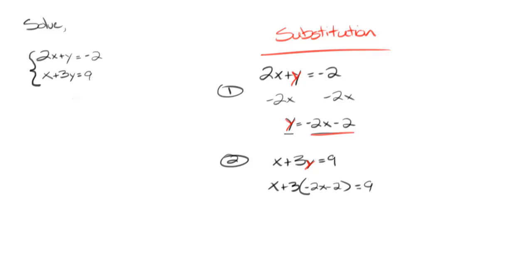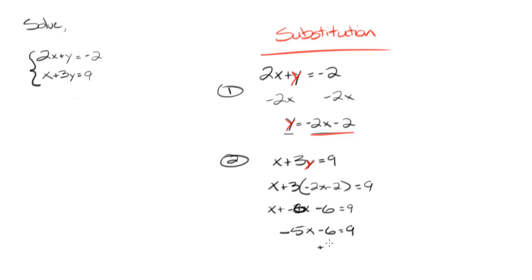Why that's useful is now I have an equation with just x's, and now I can solve for x in this equation. So I'm going to distribute this 3 through to get negative 6x minus 6 equals 9. Combine my like terms here, 1x and negative 6x is negative 5x. Minus 6 equals 9.